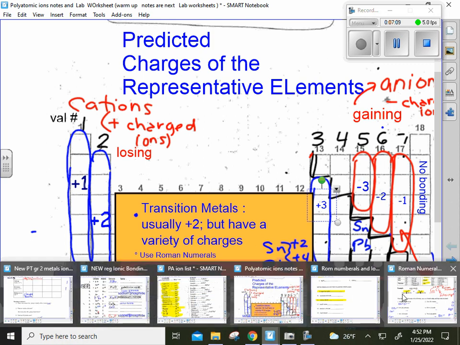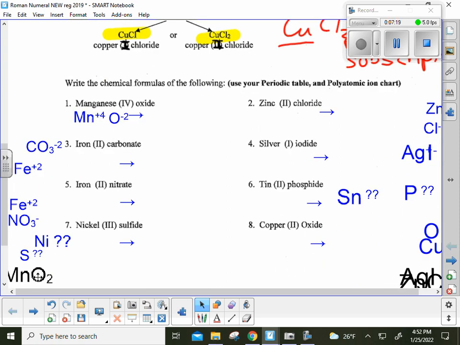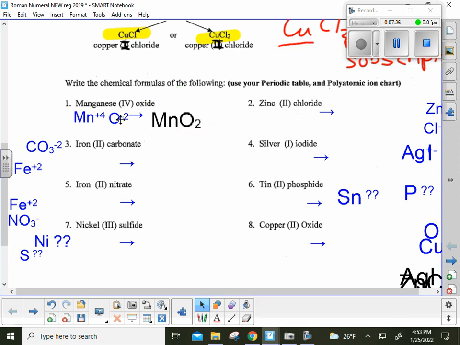So when you do this, you're going to be balancing out a +2, a +4, and a -2. You have to make oxygen have more than 1. I have it all typed up here: we're going to double the oxygen to make it -4, and that's why you double the oxygen.